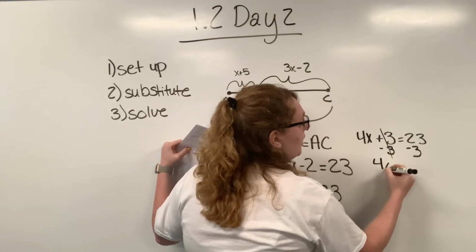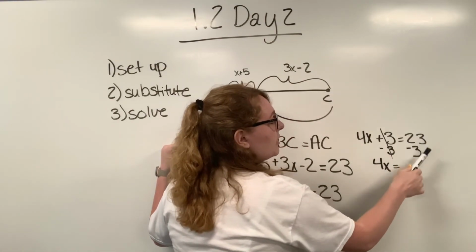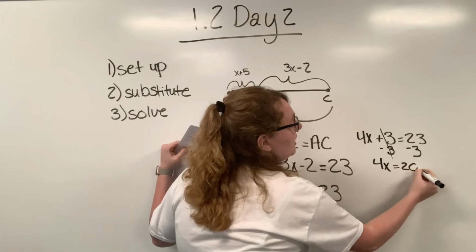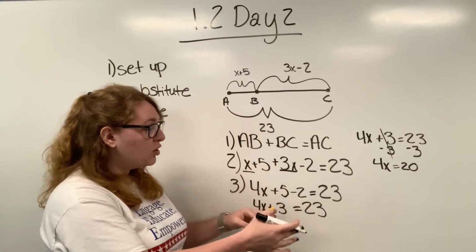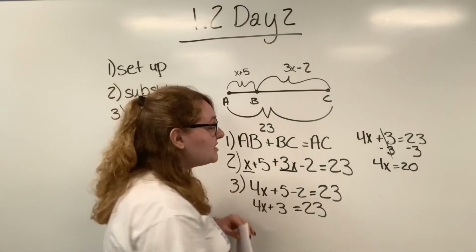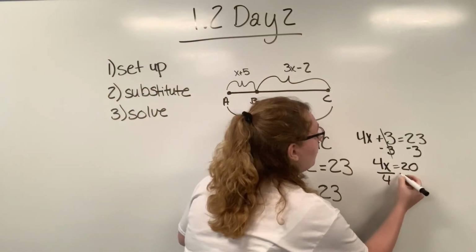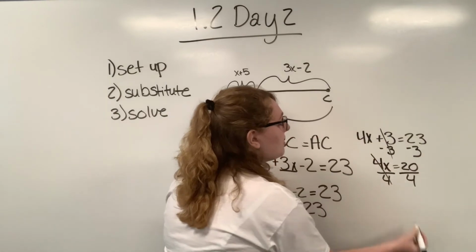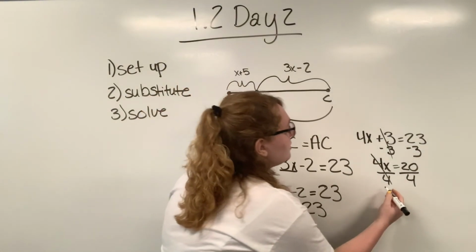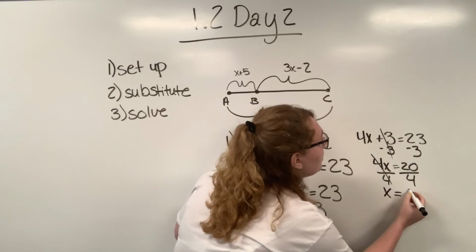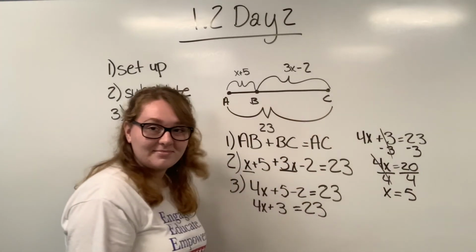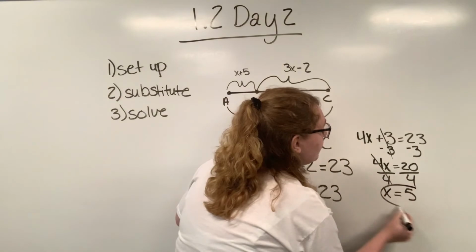So we have 4x equals 23 minus 3 is 20. And now we want to get x alone, and since it's being multiplied by 4, we have to divide by 4. So we divide both sides by 4. The 4's cancel. That gives you x is equal to 5. And that is your final answer.